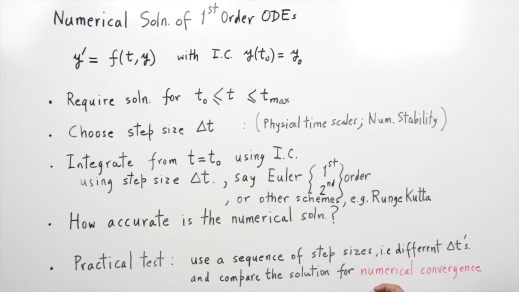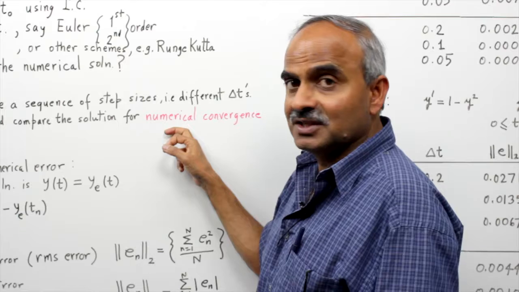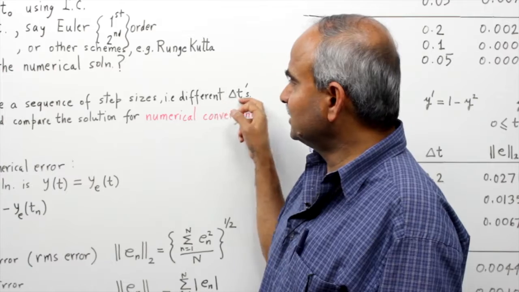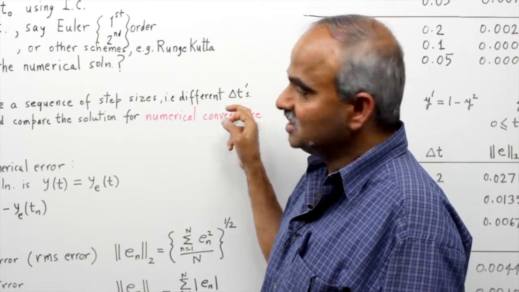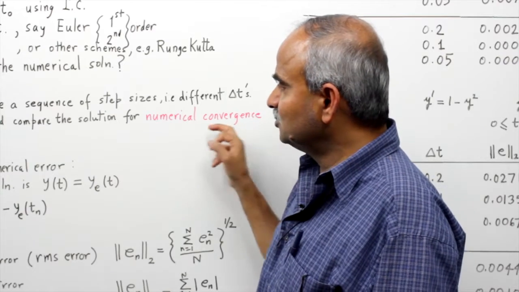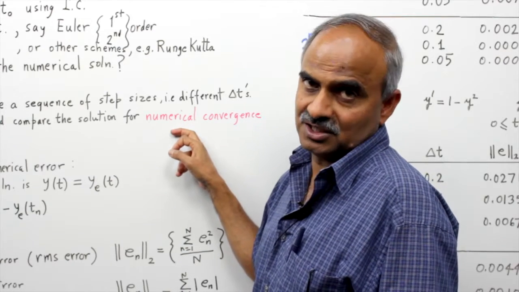What do we mean by numerically converging? What we mean is that if we were to plot these solutions, the difference between them obtained for different delta t's becomes less and less as delta t becomes smaller.